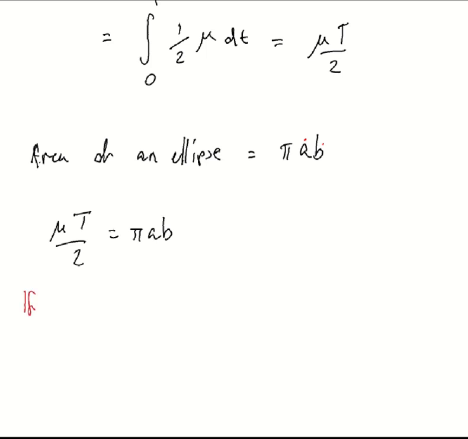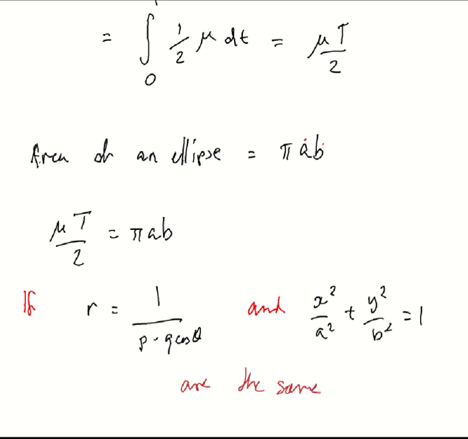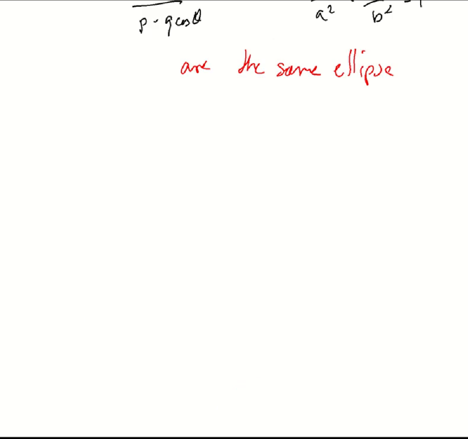If we know that r is equal to p minus q cos theta, and x squared over a squared plus y squared over b squared equals 1 are the same ellipse, the task now becomes: find a and b in terms of p and q. That's our task. Actually, it's not too bad.